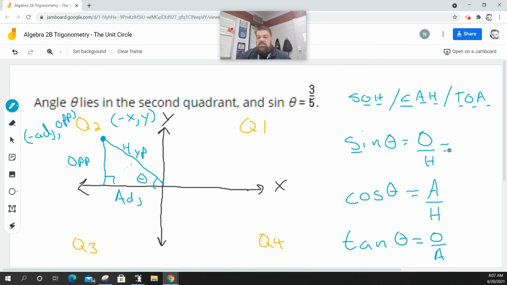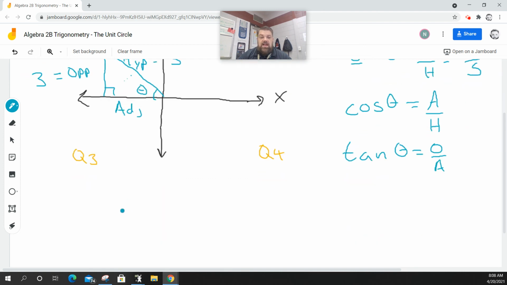And they're telling us that sine is 3/5. So that means that my opposite is 3 and my hypotenuse is 5. And we've got to figure out what the adjacent is. But whatever it is, it's going to be negative. So again, we use the Pythagorean theorem. We're used to seeing a squared plus b squared equals c squared.